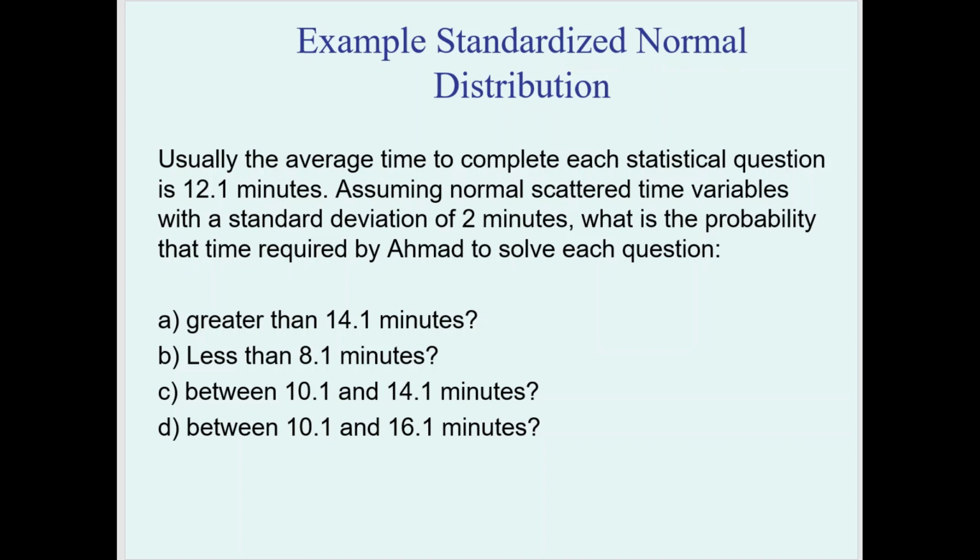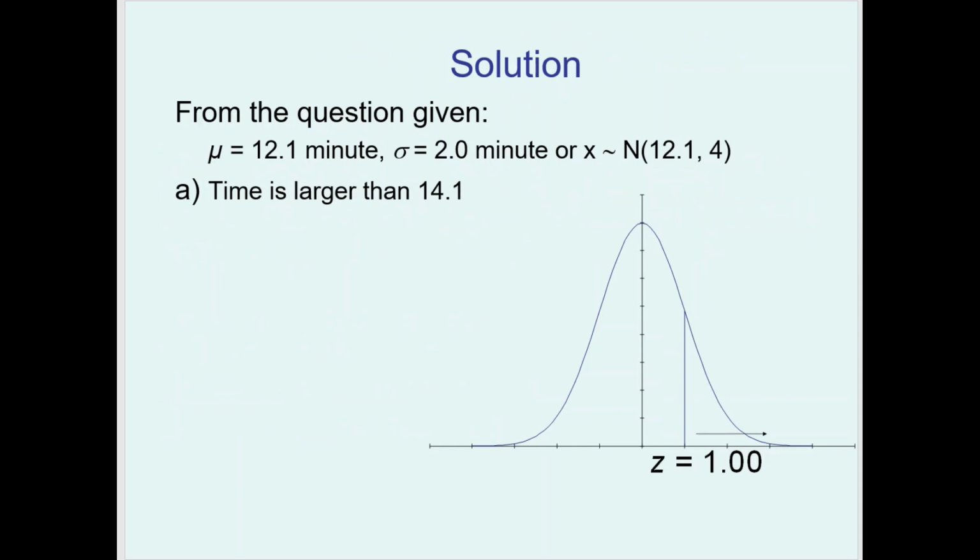Okay, so you will look at the first example here: if it is greater than 14.1 minutes. First of all, of course, we need to put in all the information given to us, so that we can have a rough idea to start off with and to plug into the formula. So this is the mu, 12.1 minutes, and this is the standard deviation.